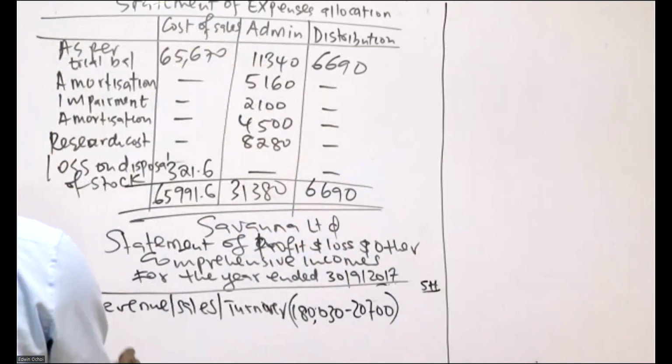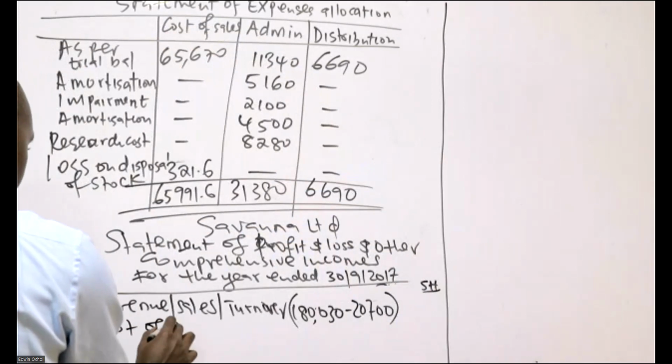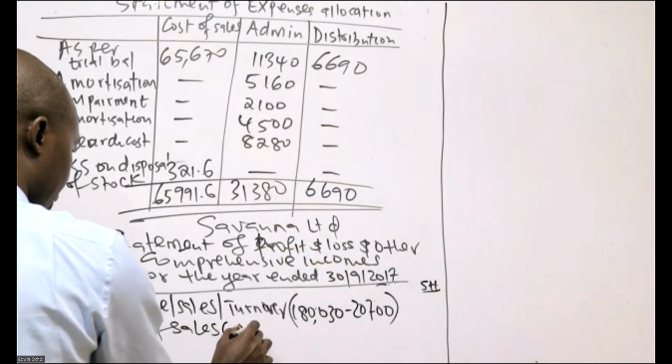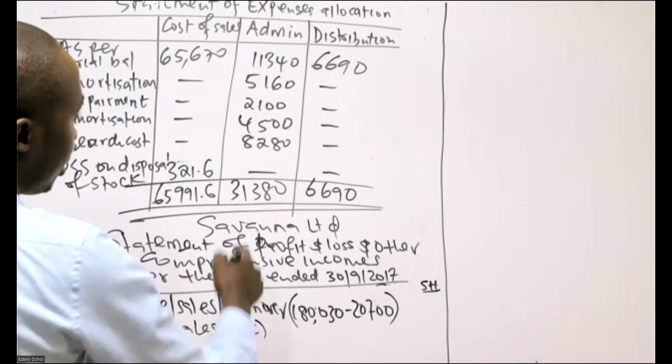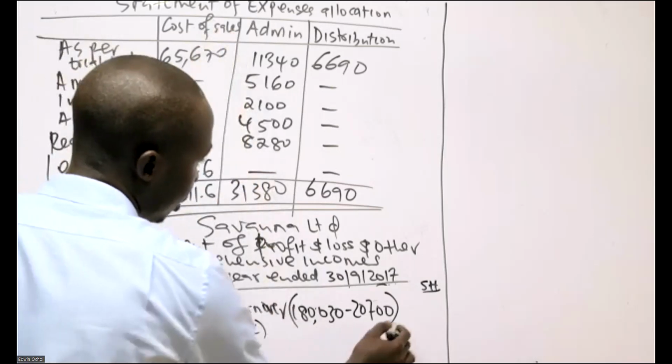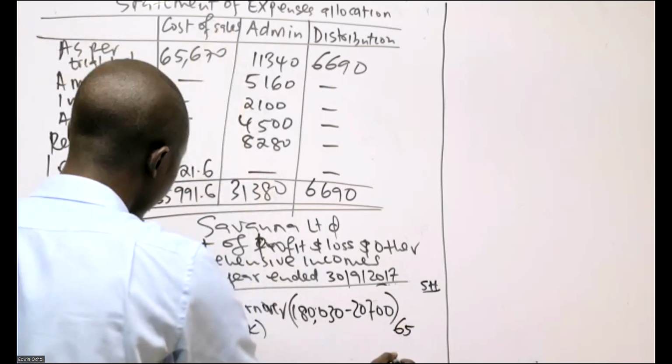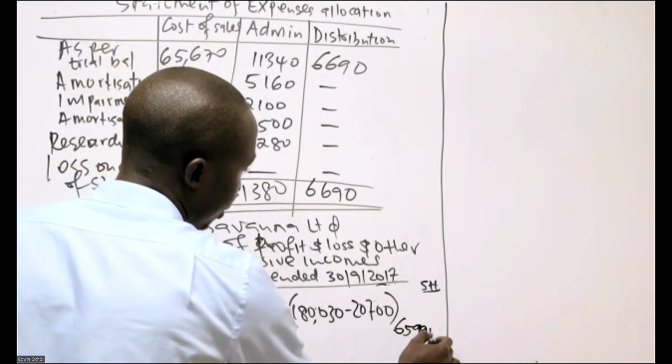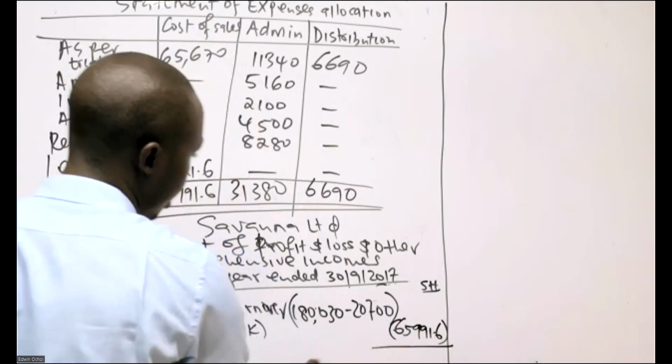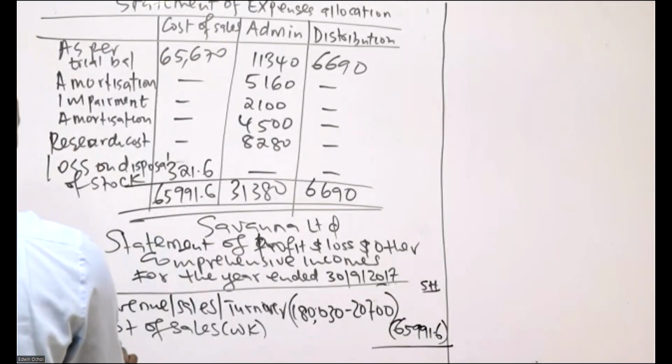Then cost of sales. For the cost of sales, we have done our working. We have 65,991.6. So we deduct that so that we have a gross profit.